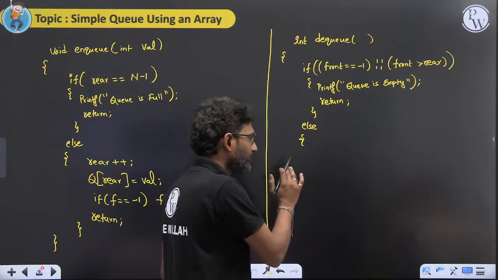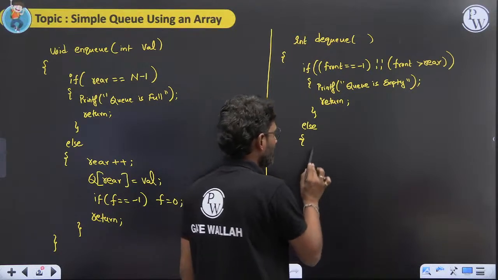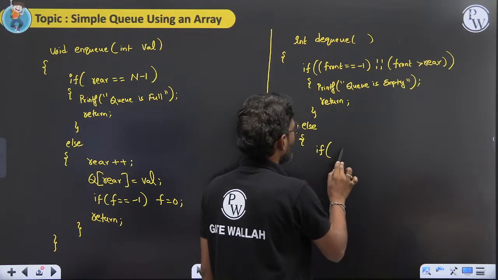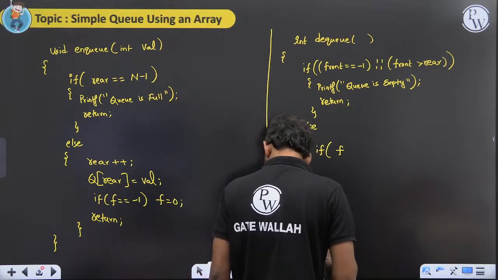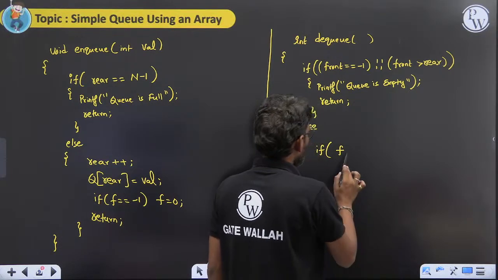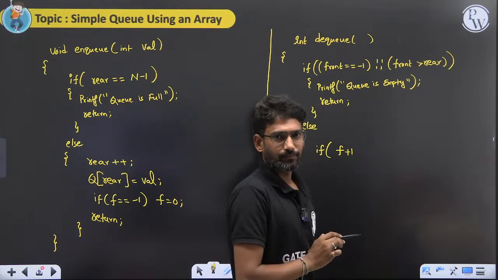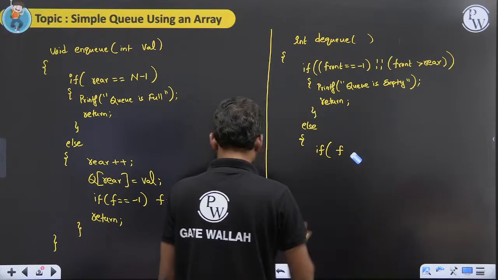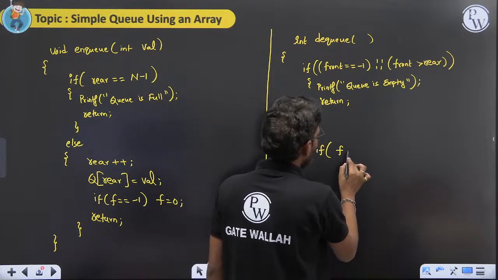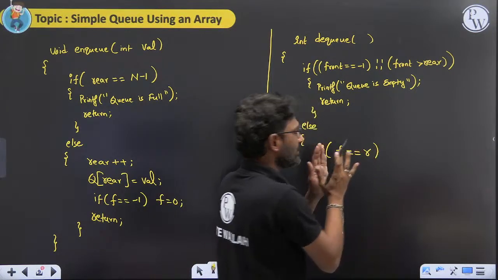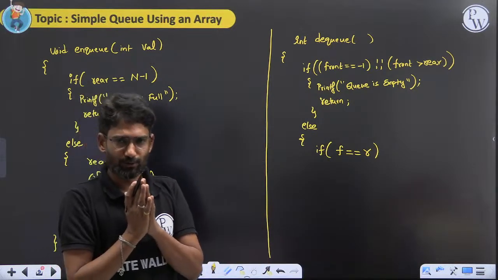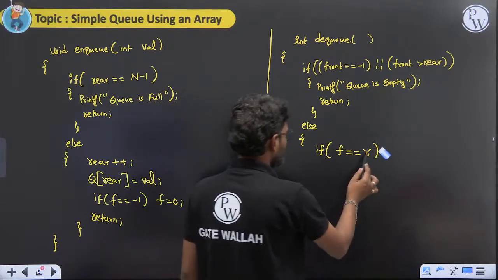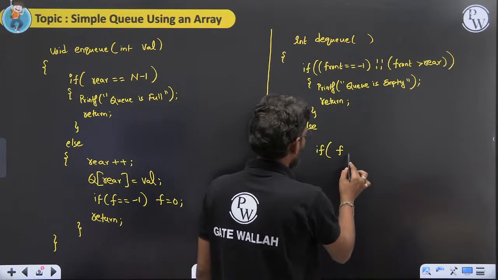So before I do this, I am checking else if front is equal to rear, that means this is the last deletion I am going to do, right?